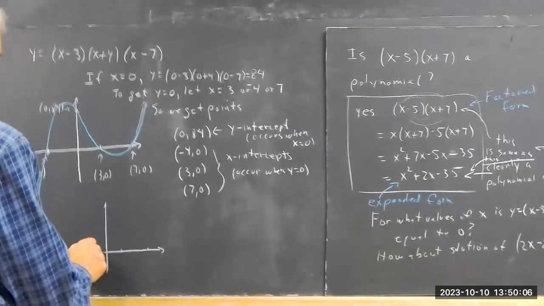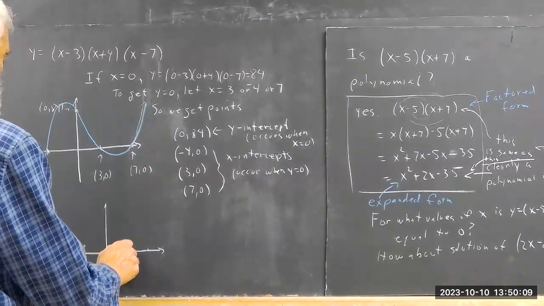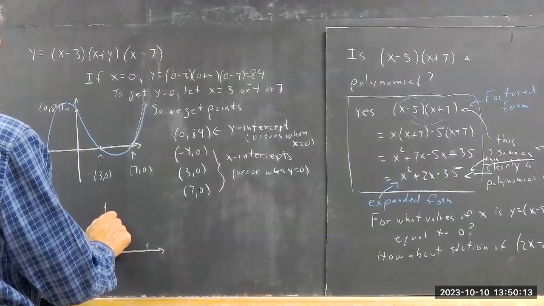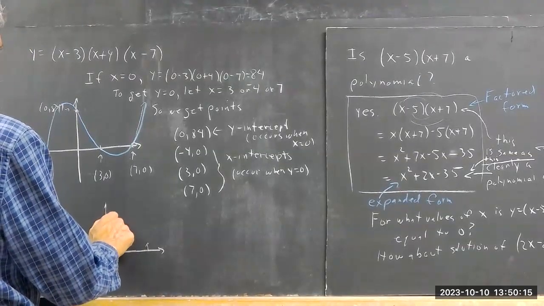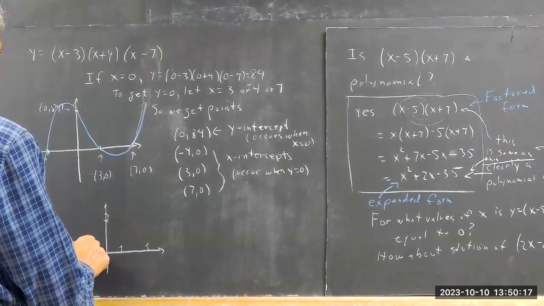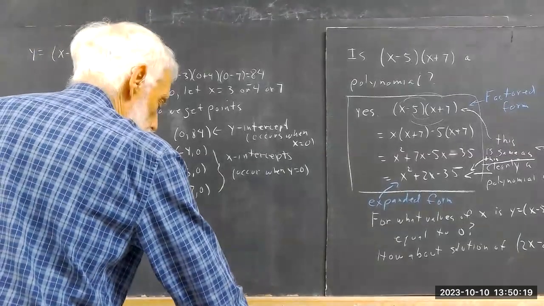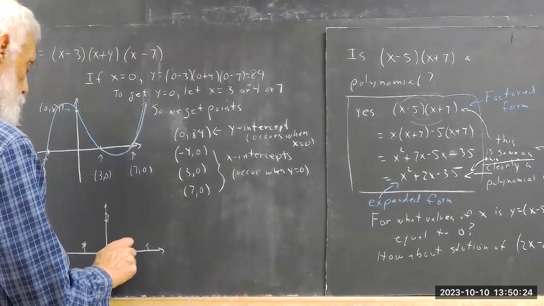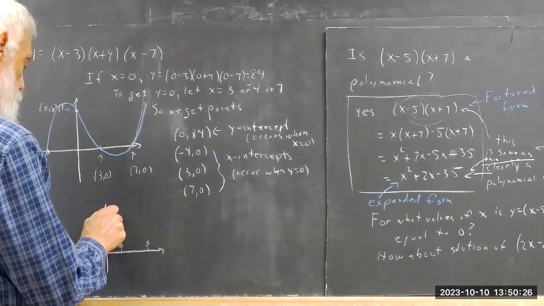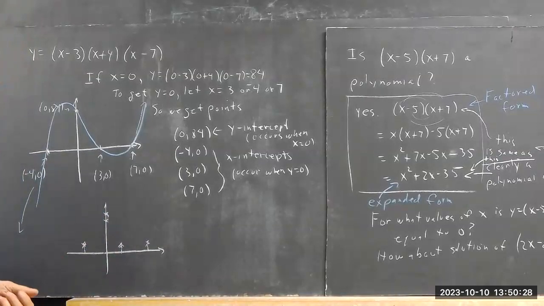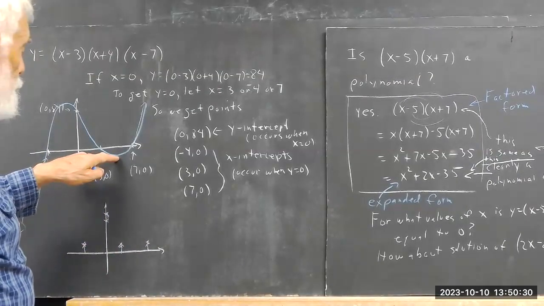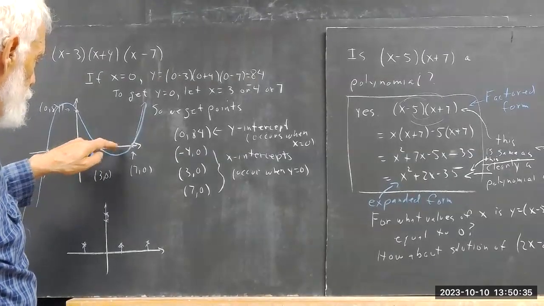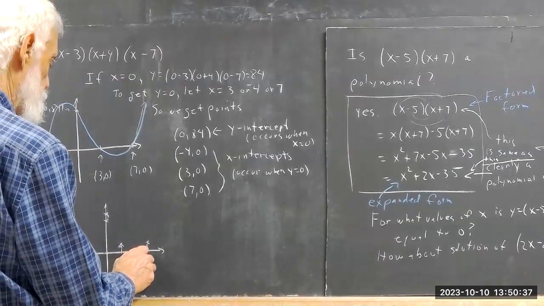So I'm going to draw a little arrow about that long. Say that all these points are going to go up this much. And this point, of course, is going to go up that much. So I'm going to go through here. So I have a point here, and a point here, and a point here on the new graph. And also the point where this thing hits the low point, since I raise it just enough to bring the low point up to the axis, is going to just touch the axis.